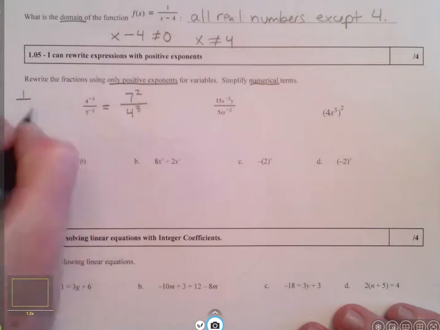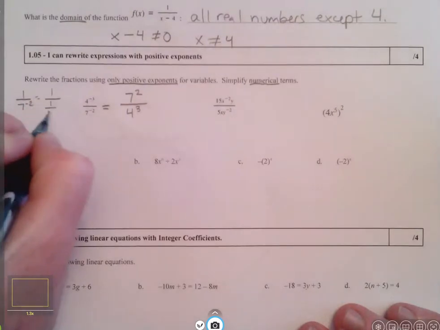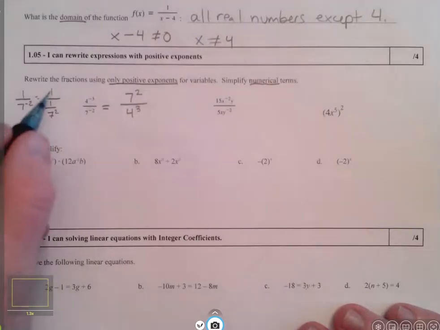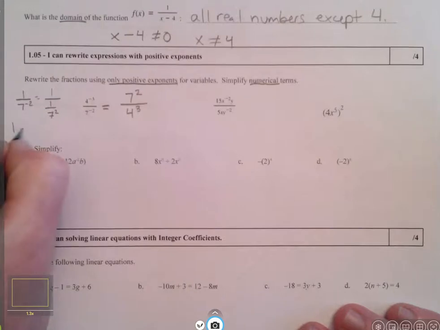Okay, let's think about why that is for a second. This 1 over 7 to the negative second power is the same as 1 divided by 1 over 7 to the second power. Well, 1 divided by a fraction is the same as 1 times the reciprocal of that fraction.